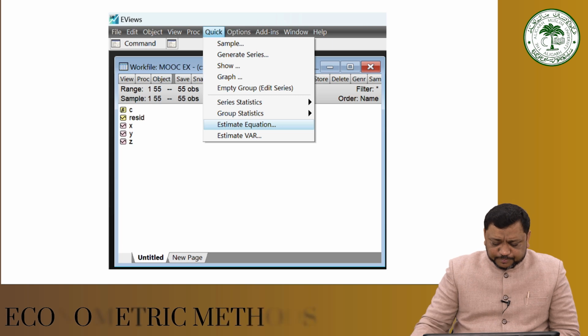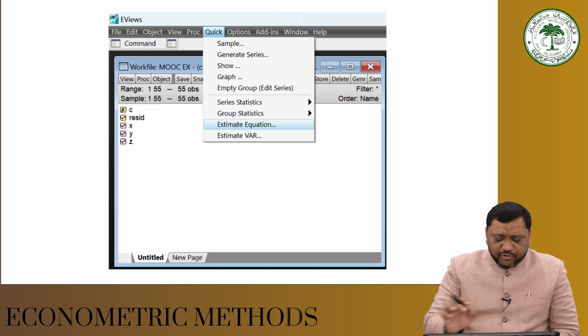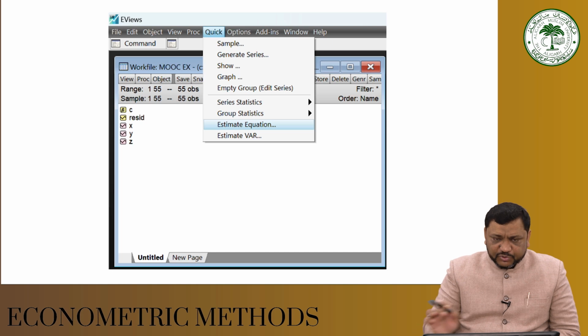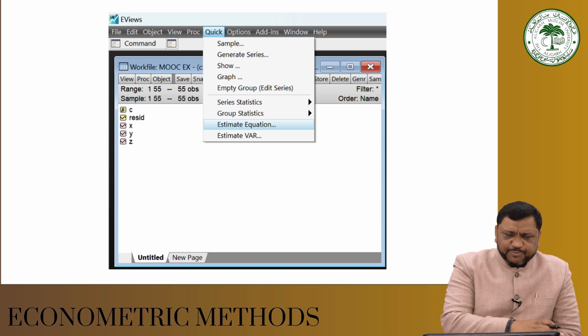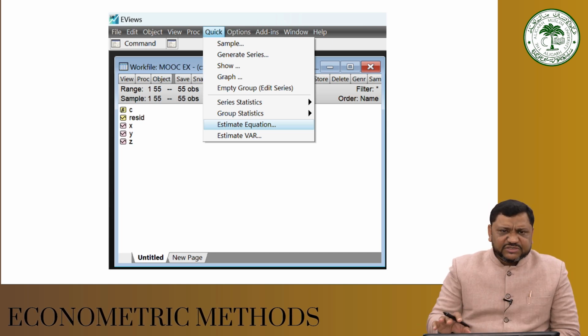Again, what we do, we go to estimate the equation. Through this process which we have seen now, we will check for stationarity.